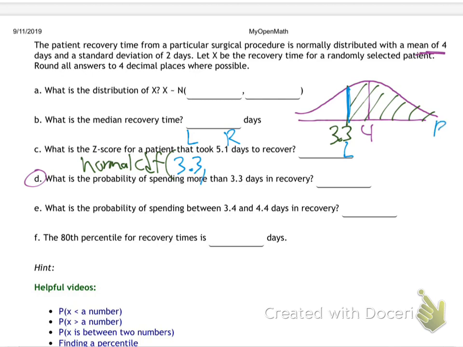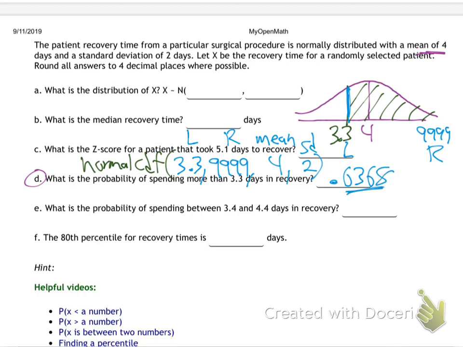The right edge is over here, which will be 999, a bunch of nines. It's infinitely to the right. And then mean and standard deviation, like usual. Mean is 4. Standard deviation is 2. Hit the buttons on your calculator. I'm getting 0.6368.